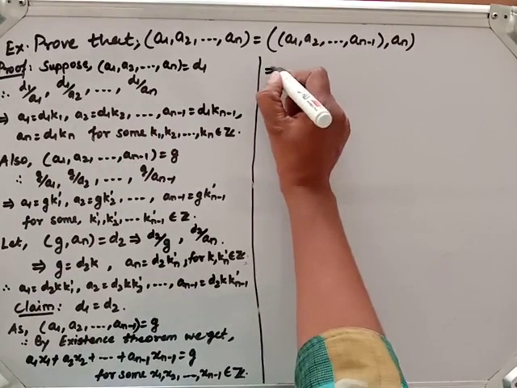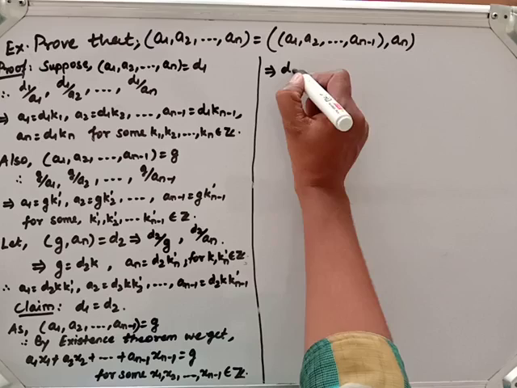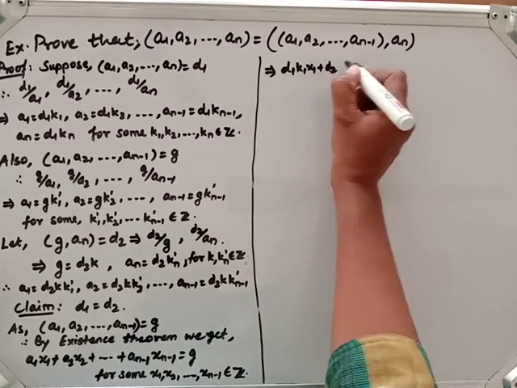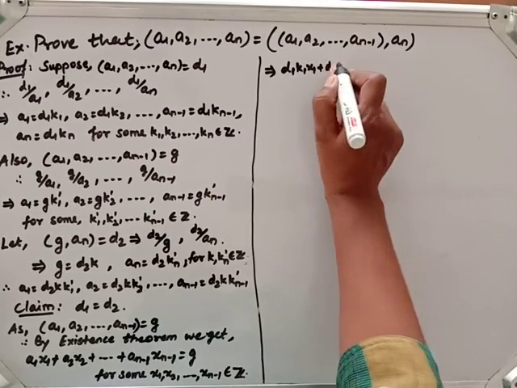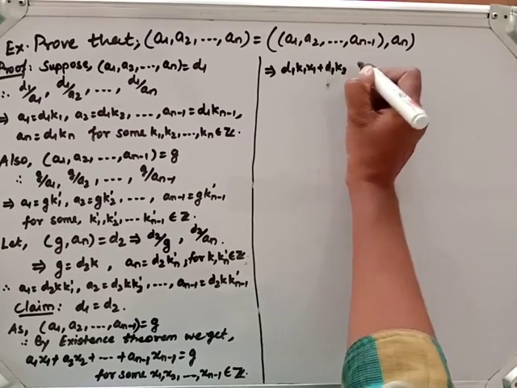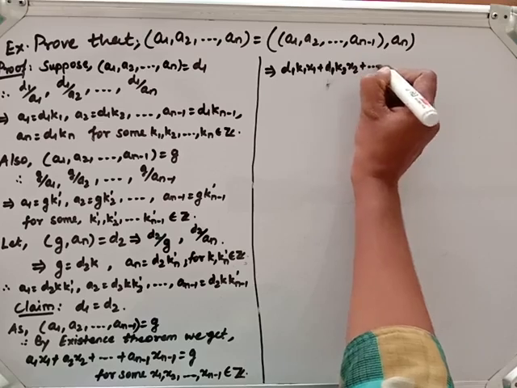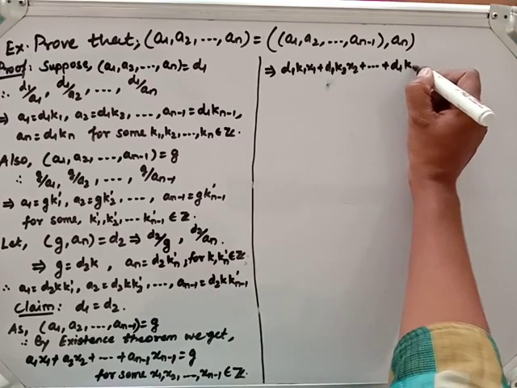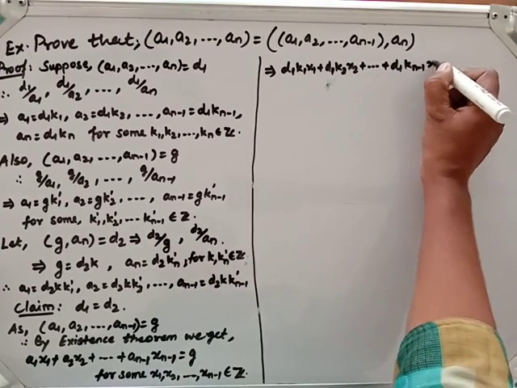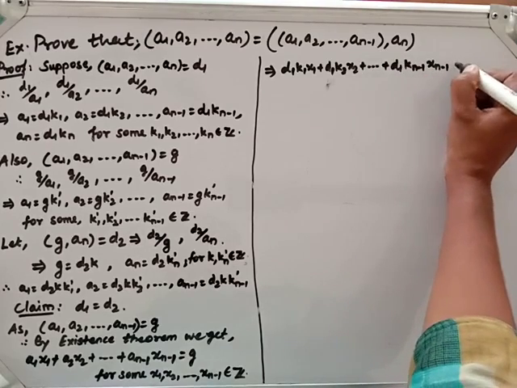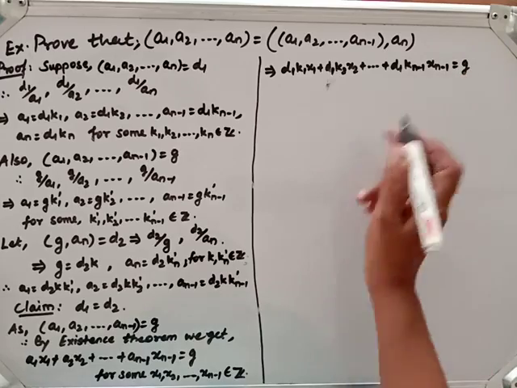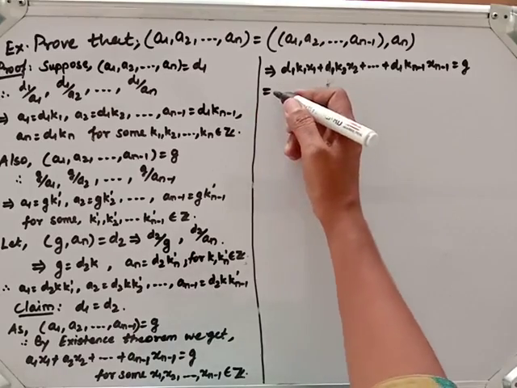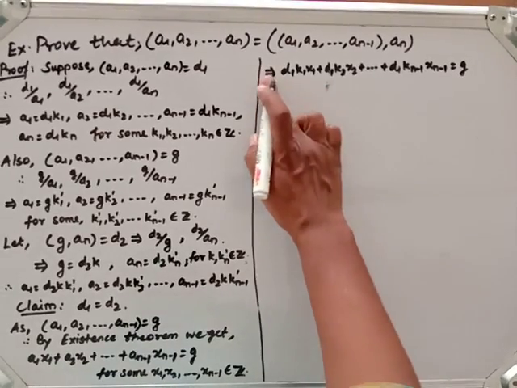This implies d1 k1 x1 plus d1 k2 x2 plus so on up to d1 kn-1 xn-1 is equal to G. Now I could take d1 common, but leave it.